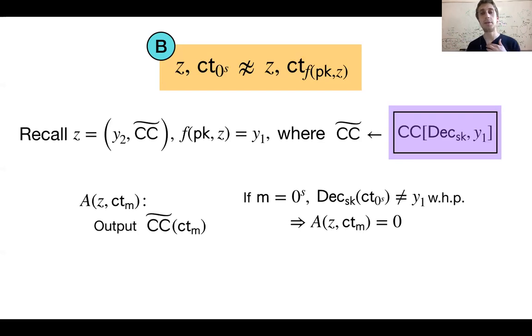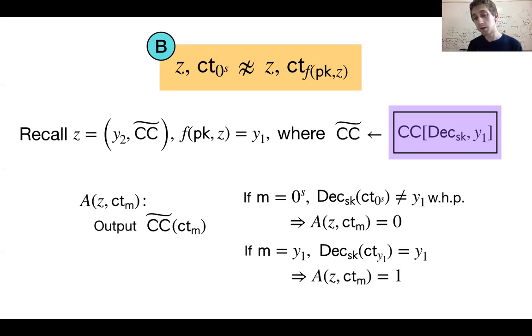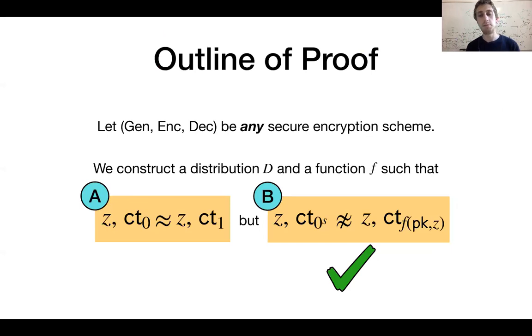Now let's consider the right-hand side, the world where the message is y1. Here, the decryption of a ciphertext for y1 is just y1, and so the obfuscated circuit will output 1, and so the adversary outputs 1. So this shows this adversary A can distinguish the world on the left versus the world on the right. So these are distinguishable. So part B is done.